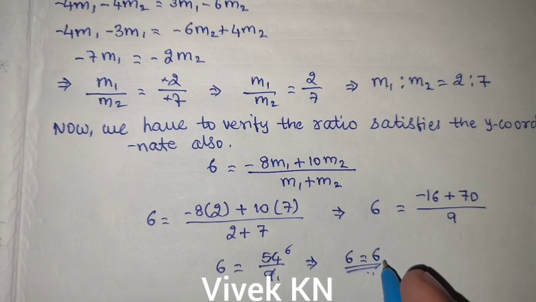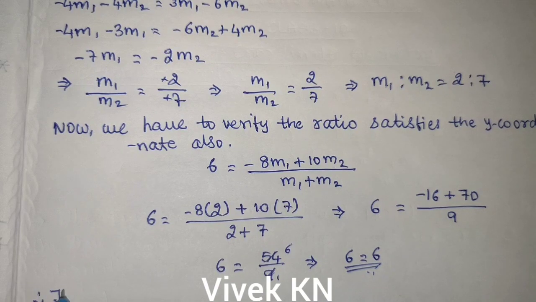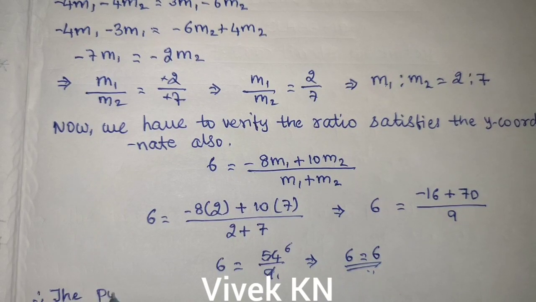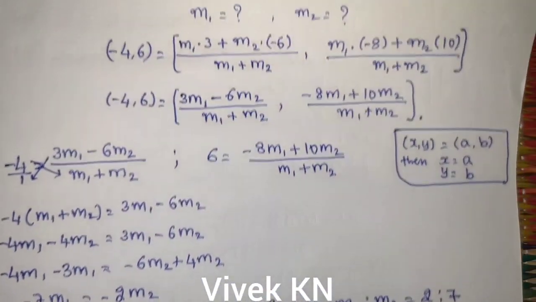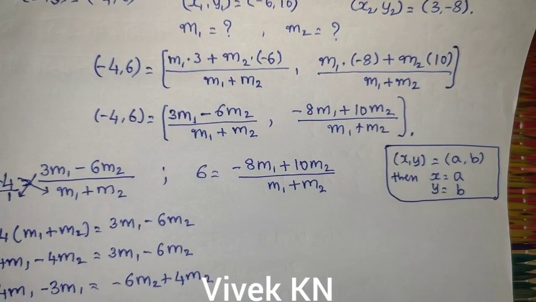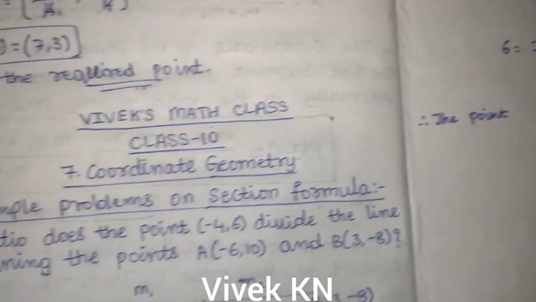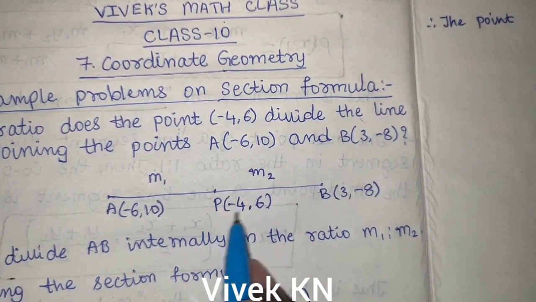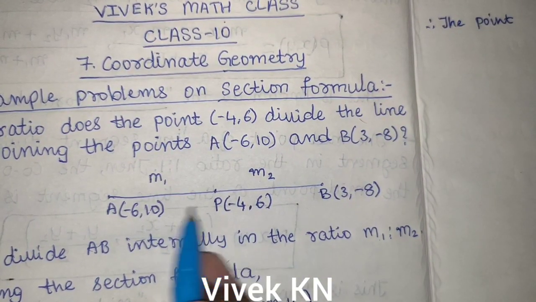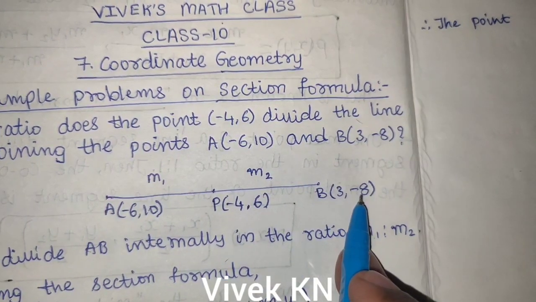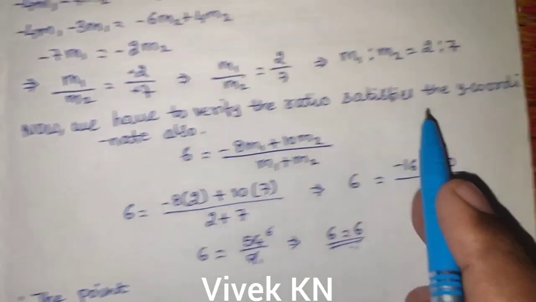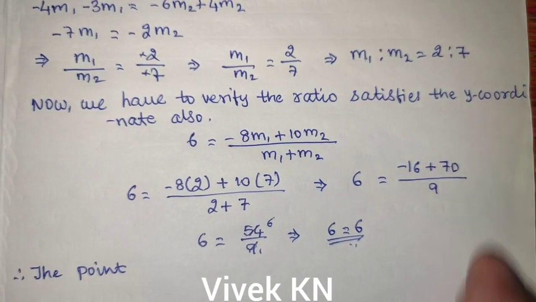Therefore now we have to write the conclusion. Therefore the point (-4, 6) divides the line segment joining A and B internally in the ratio 2:7.